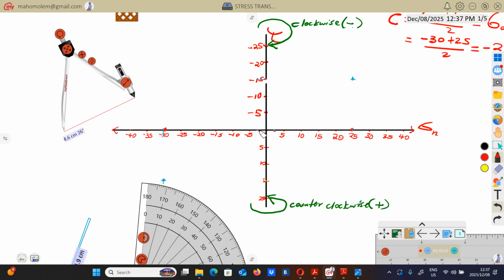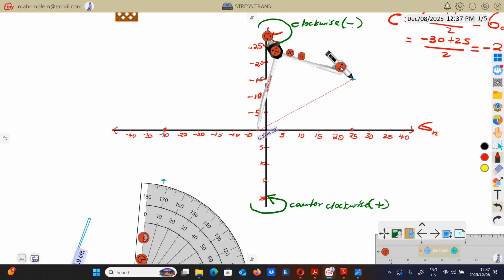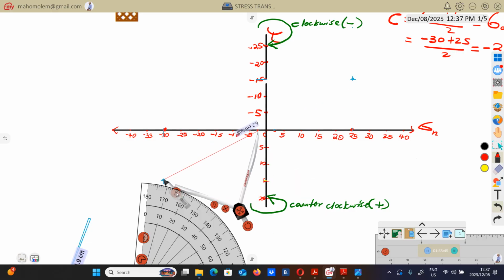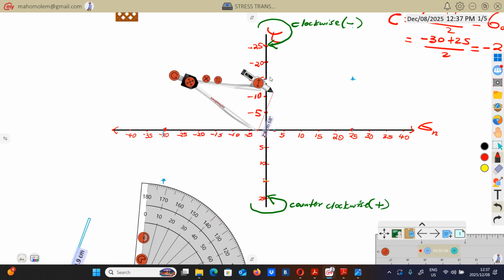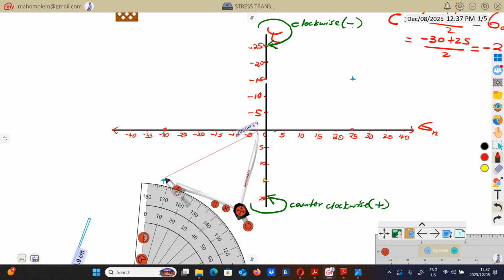Right, so 2.5 will be here. So you put it there, then you stretch your compass until it touches one of these dots. 6.4, it doesn't matter, you touch this side or this side. So yeah, it's almost there. 6.3, even here it's almost 6.3. Good.